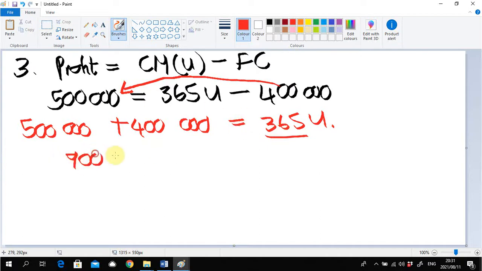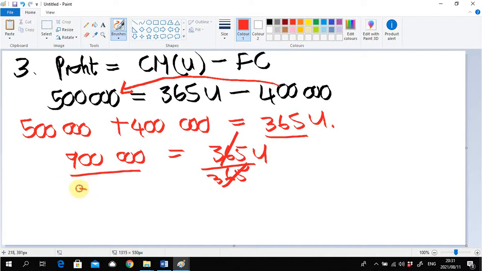So 900,000 equals 365 units. I'm dividing on each side. So I get my answer for units, in other words, bottles, to be, I get 2465.75.